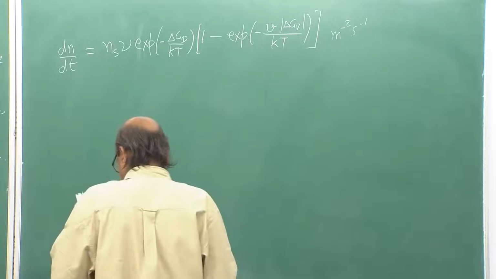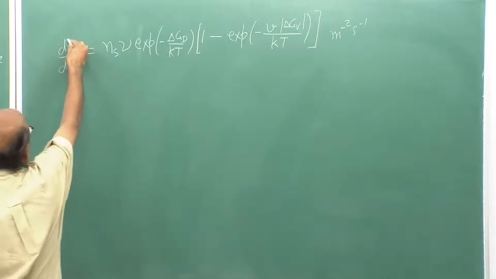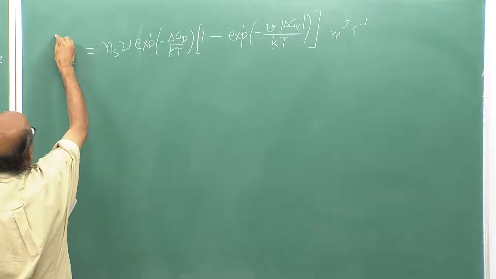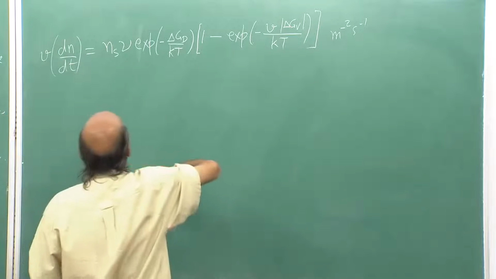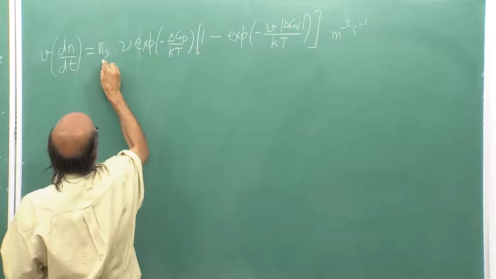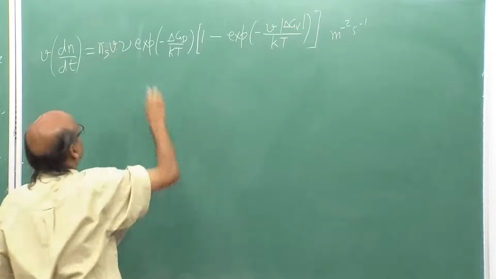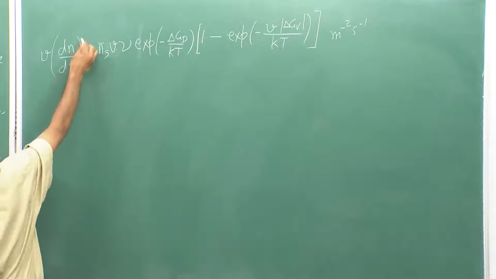If I look at this, I multiply both sides by the volume of an atom. So, I can write this as NsV nu instead of Ns nu. Now, this gives me the growth rate.